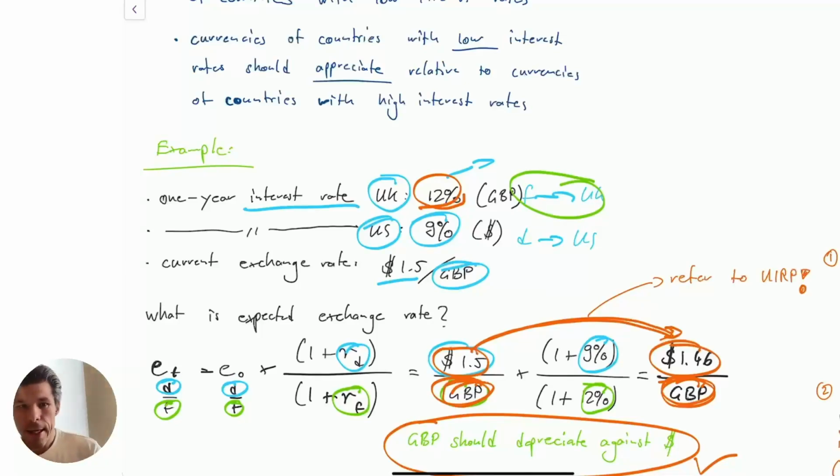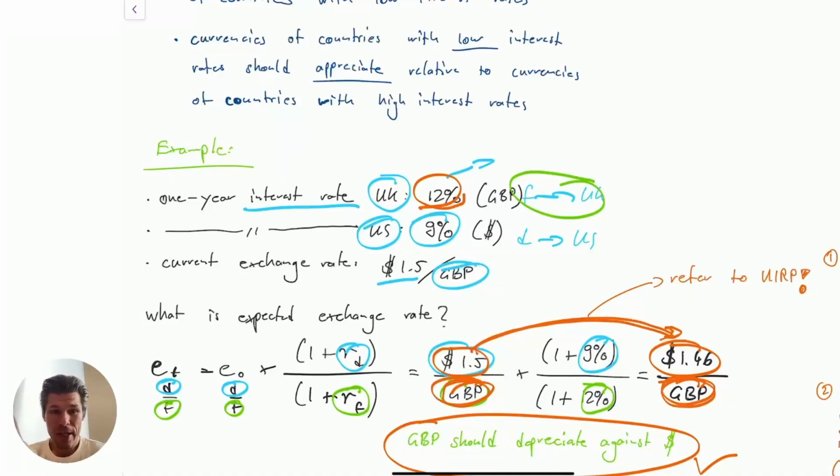The reason is, and I explained this in another video when we looked at the Fisher effect, there is a relationship between the nominal interest rate and inflation. They move in the same direction, which means if one country has a higher nominal interest rate, it has a higher inflation and vice versa.